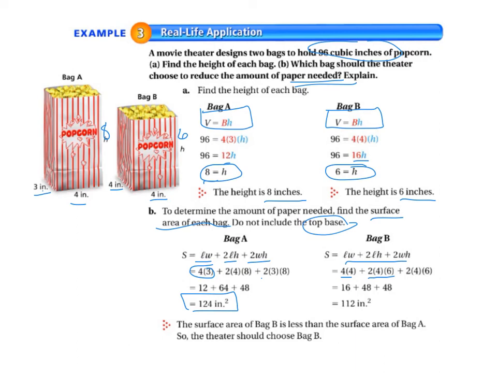So when we add that up, that's 16 plus 48 plus 48. And our surface area of bag B turns out to be 112 square inches. So the surface area of bag B is less than the surface area of bag A. So the theater should choose bag B.